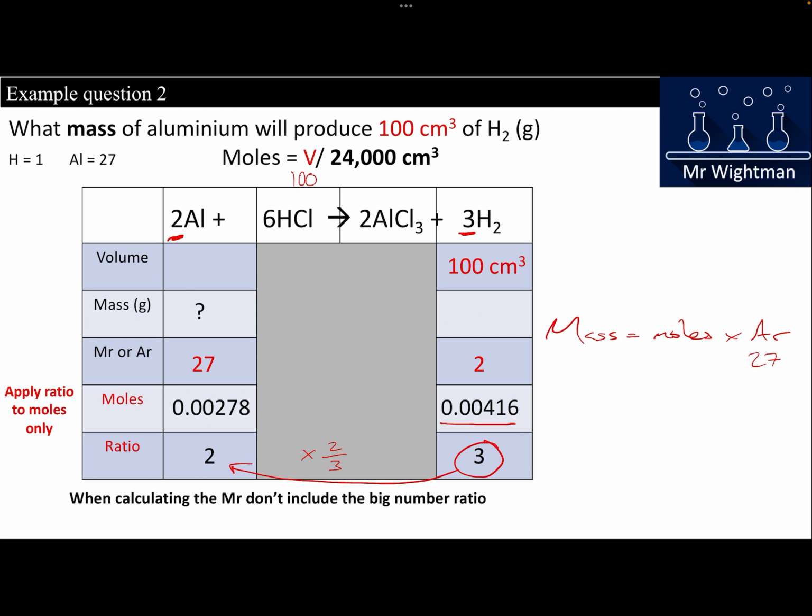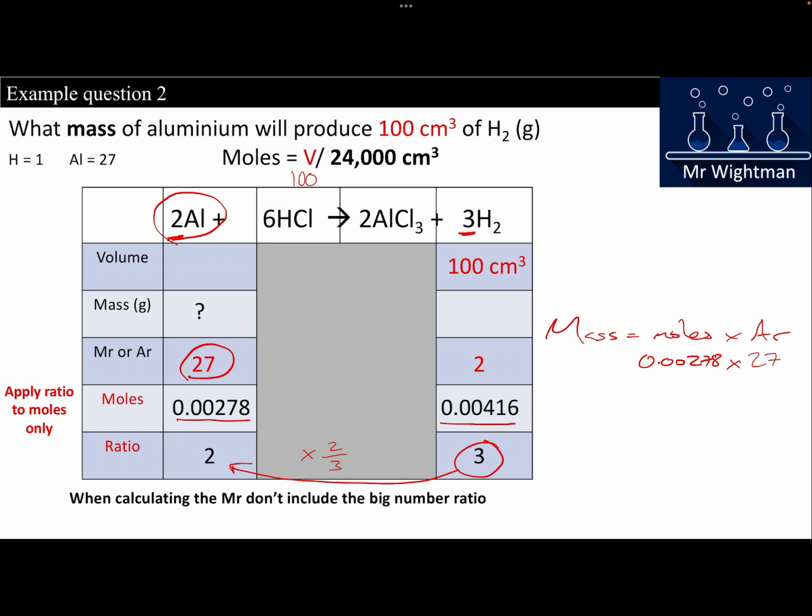But I only have 0.00278. So if each aluminium was 27 each, then I need to do 0.00278 multiplied by 27. This is a common mistake if you were to times this by 2 because you're seeing the number in the equation.